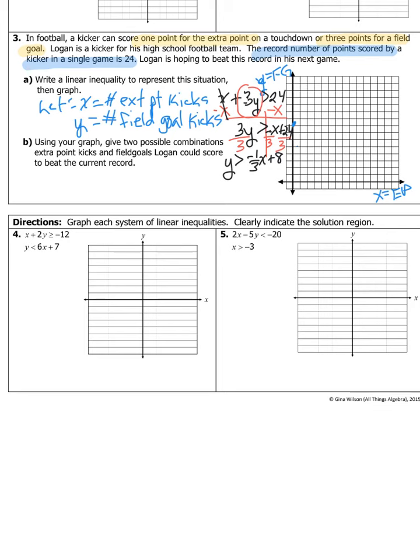Should be there. Let me double check. So this is 1, 2, 3, 4, 5, 6, 7, 8. So there's 8, and so then I want to go down 1 to the right 3. Okay, so now I want to connect that with a dashed line.